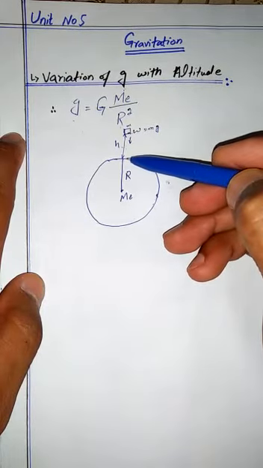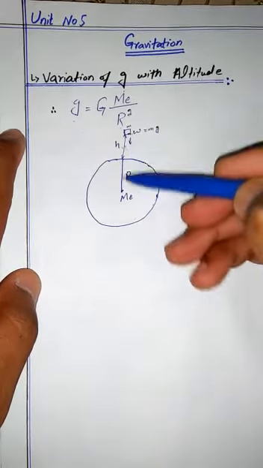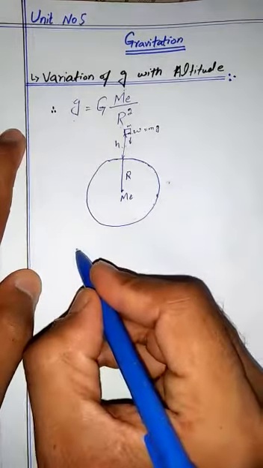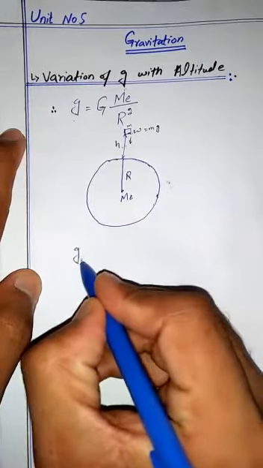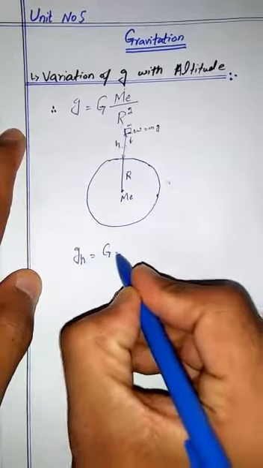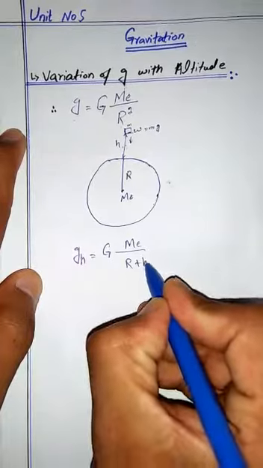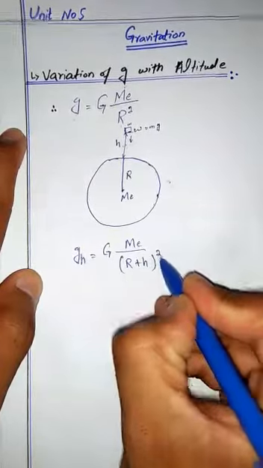The distance of the body from the center of the earth becomes r plus h. Therefore, using the equation, we get g h is equal to G Me over r plus h whole square.